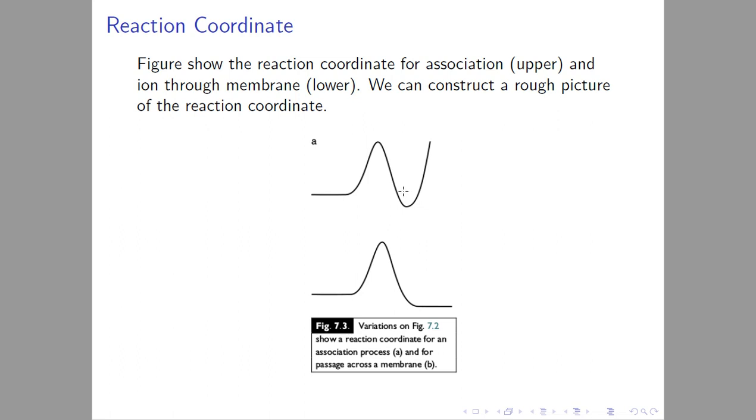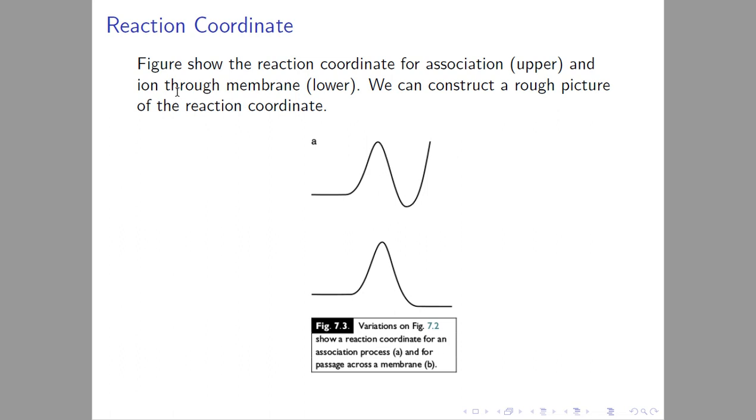It needs to exceed this E dagger to become the product, and the product can also become the reactant if it can exceed this energy barrier.